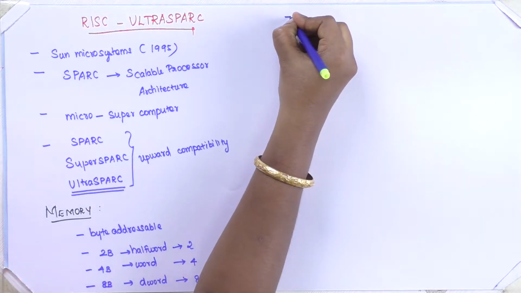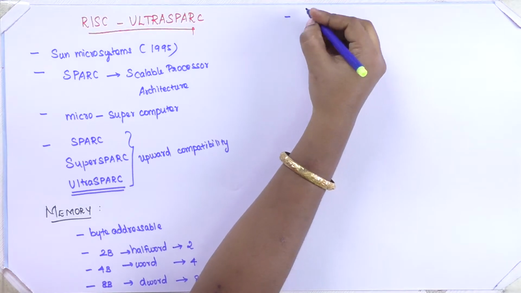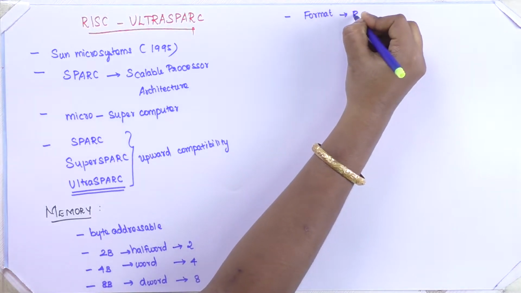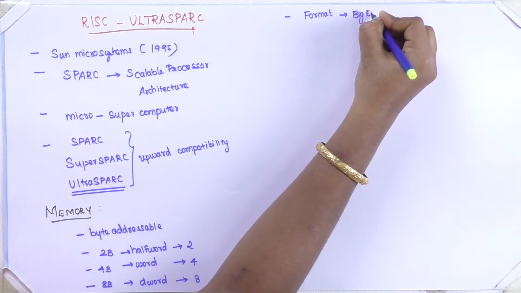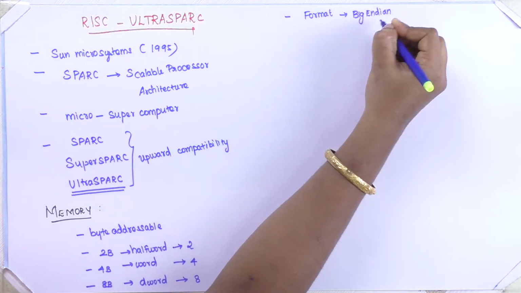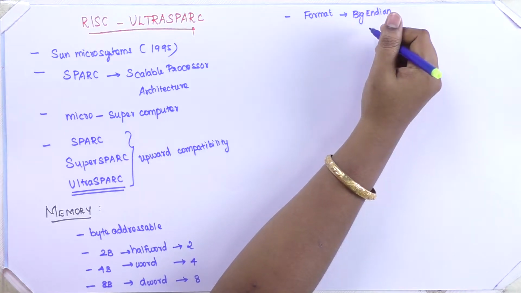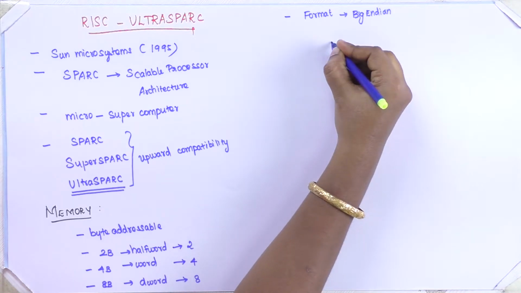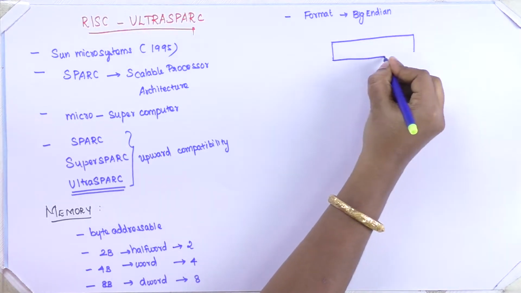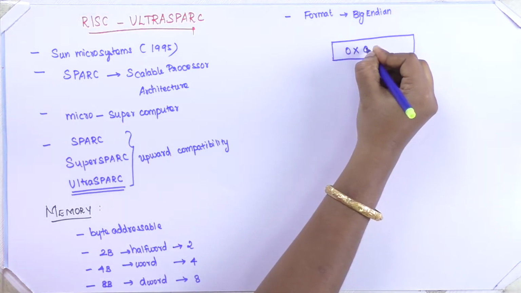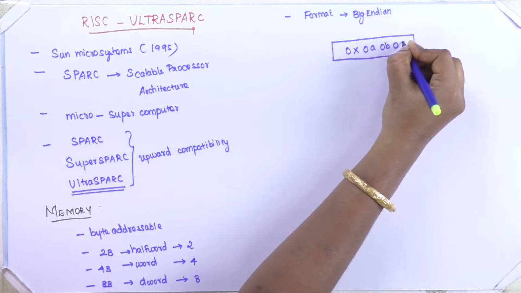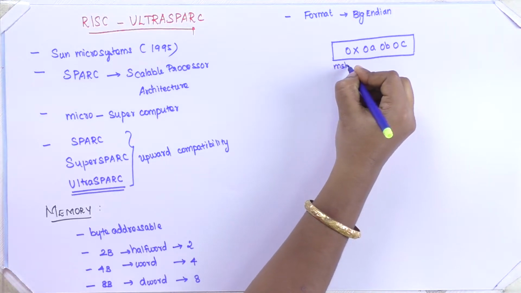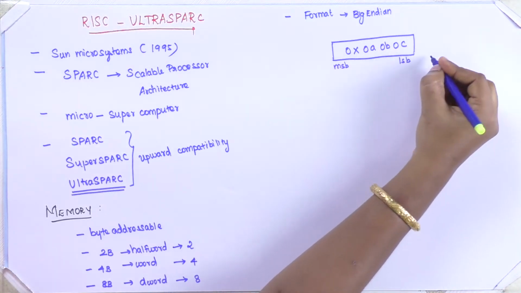The format for data storage is as follows: UltraSPARC supports Big Endian format. Under Big Endian format, the MSB bits will be stored in lower addresses. For example, if this is our word, this is our MSB and this is our LSB.